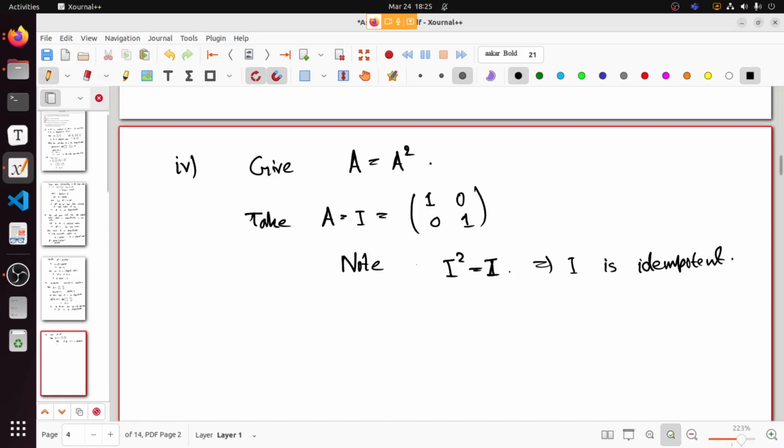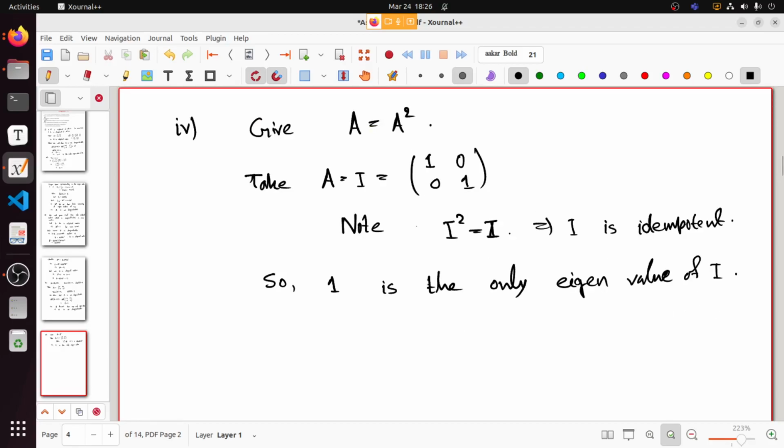So check easily that 1 is the only eigenvalue of I. So 0 is not an eigenvalue of I.